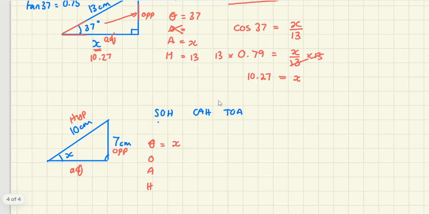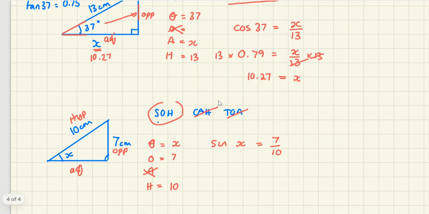Theta is the X. The opposite is the 7. The adjacent I don't know and I don't care. The hypotenuse is 10. Anything with an A in it, we cross out. We've got sine, so sine of X equals 7 over 10.